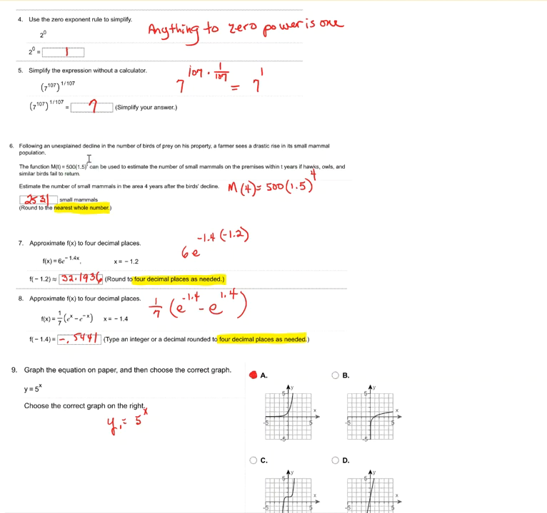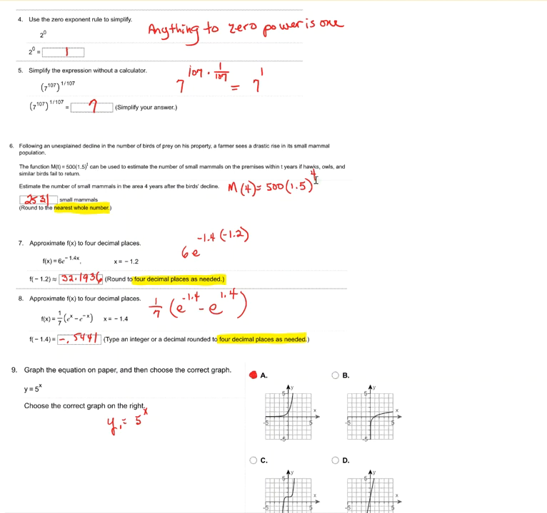So this function, 500 times 1.5 to the t, can be used to estimate the number of small mammals on the premises within t years if hawks, owls, and similar birds fail to come back. Estimate the number of small animals in the area 4 years after the decline. Well, that just means we're finding m of 4.